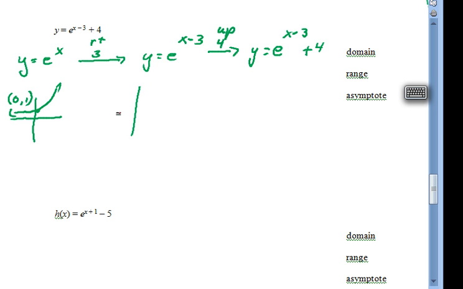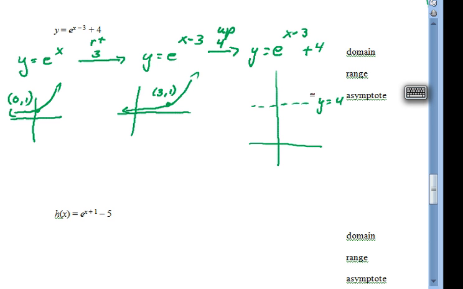Going right 3, we'll make this (3, 1). And then we're going up 4, and so instead of this being (3, 1), it will be (3, 5).